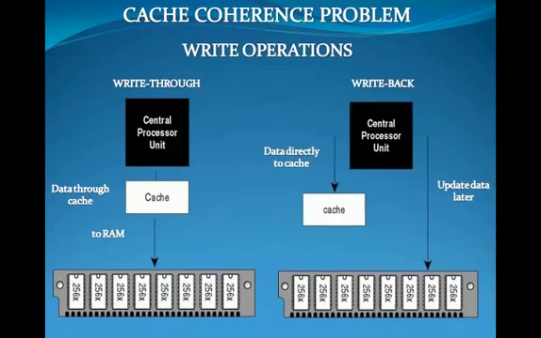Instead, the cache tracks which of its locations have been written over. These locations are marked dirty. The data in these locations is written back to the RAM when those data are evicted from the cache. For this reason, a miss in a write-back cache will often require two memory accesses to service, one to retrieve the needed data, and one to write replaced data from the cache to the store.